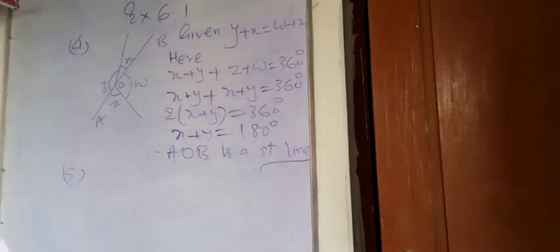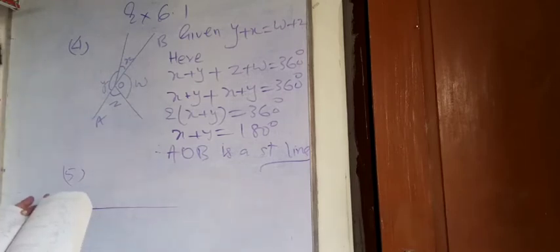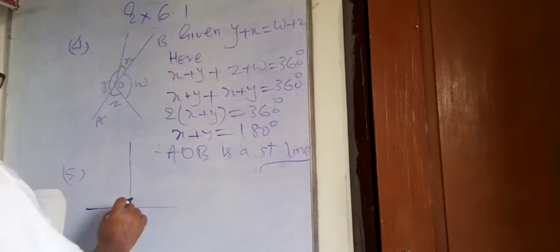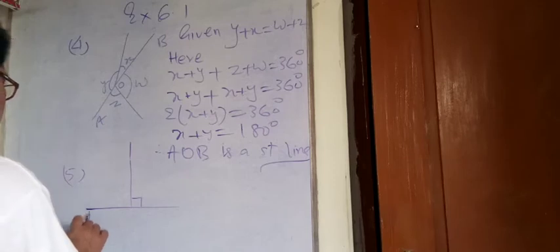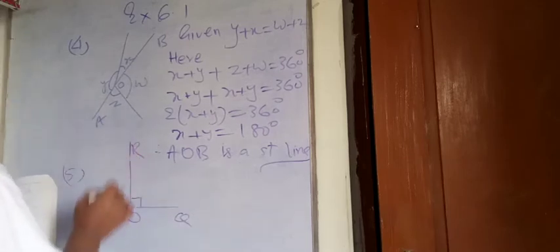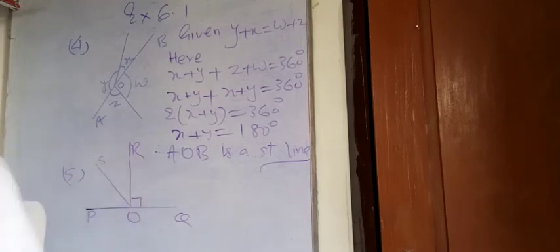So question number 5, there is a straight line here, and one line stands straight making right angle, and names are P, O, Q, and here R, and one more line like this we have to draw.